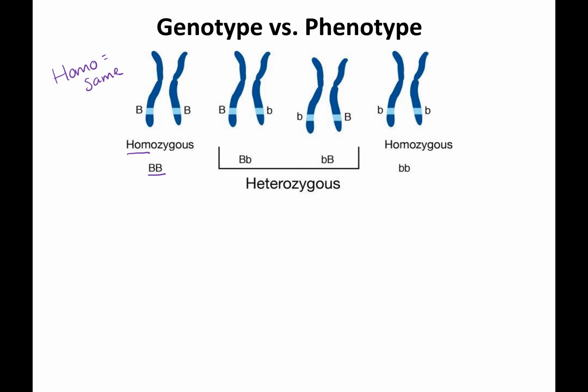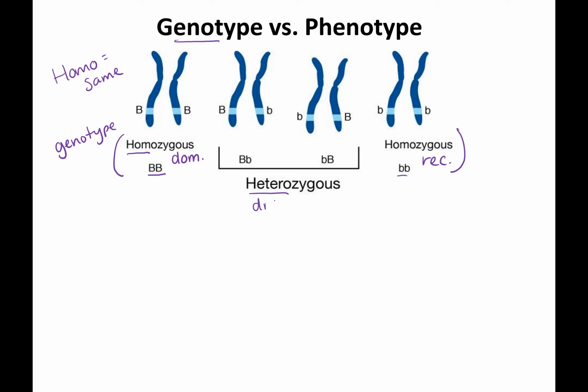So this describes genotype, all of this part up here. You can be homozygous dominant, or you can be homozygous recessive, where you have both of the lowercase letters as your alleles. And for homozygous, you need to define if they're homozygous dominant or homozygous recessive, because that's quite different.